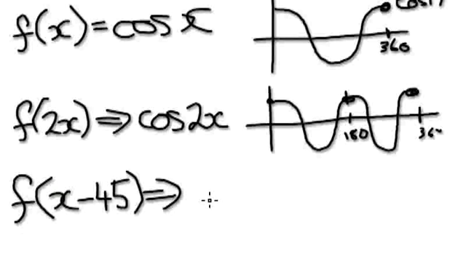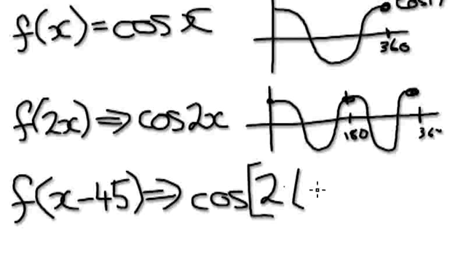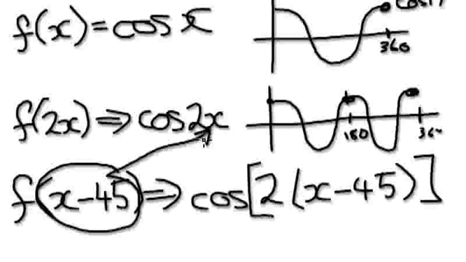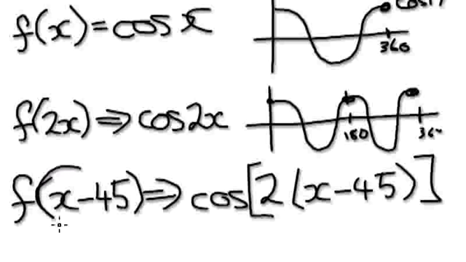Okay, then that would give us cos 2 bracket x minus 45, and then close it off. Remember, we are putting this thing here into this 2 here. You see, the good thing about this is you can see there's a horizontal shift.